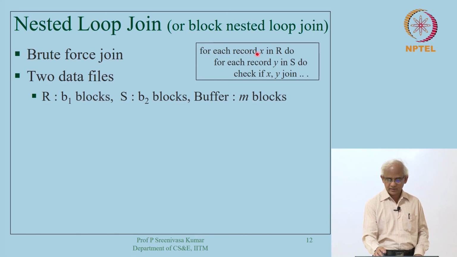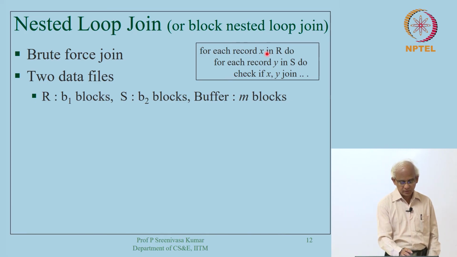For each record x in R and for each record y in S, so this is an inside loop. As you are iterating each record x in R, you are looking at all records y, and checking if x and y are joining, meaning they together satisfy the join condition. If so, produce the join output. So this is the simplest of approaches.